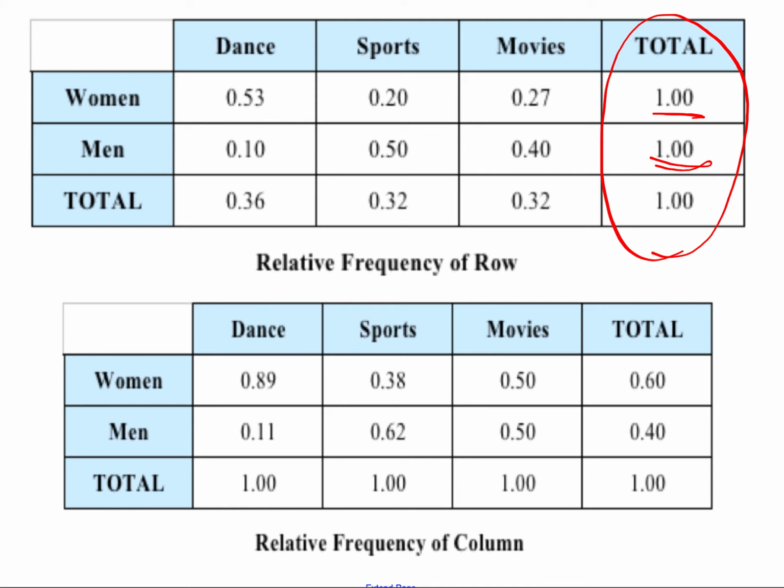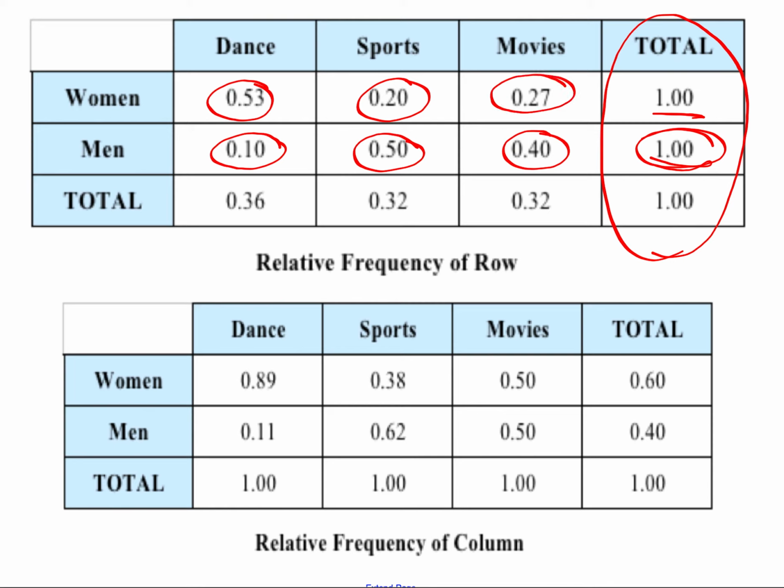Yeah, since we use the total number of men as the comparison, we can actually say this is 10% of men like dance, 50% of men like sports, 40% of men chose movies. 53% of women chose dance, 20% of women chose sports, and 27% of women chose movies.